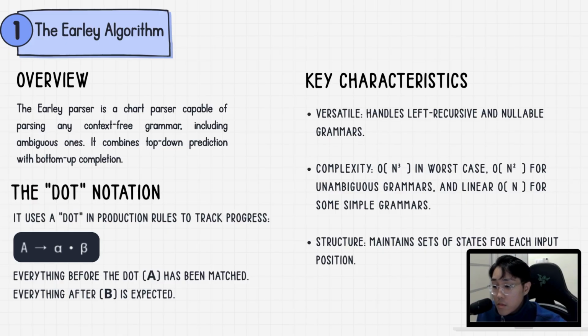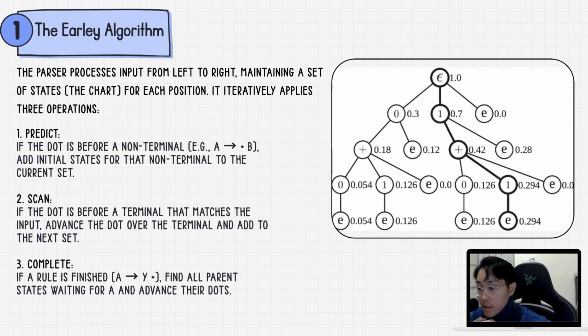This algorithm works by maintaining sets of states at each input position, allowing it to track multiple possible parses efficiently. Overall, Earley is a powerful algorithm because it supports many grammar types and manages ambiguity well.